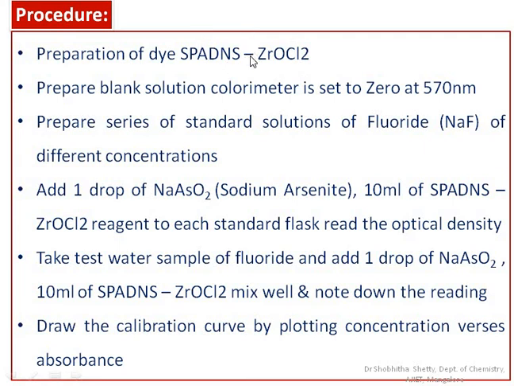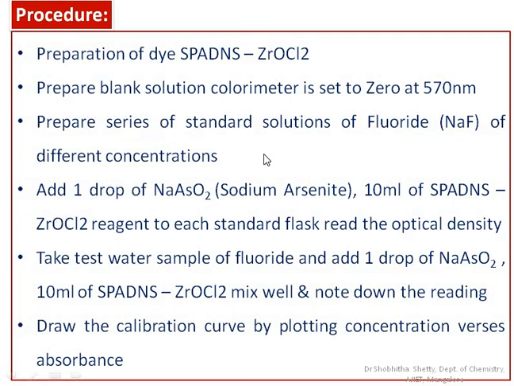Now we also need to prepare a series of standard solutions of different concentrations of sodium fluoride, using a standard flask, and we need to add 1 drop of sodium arsenite and 10 ml of the dye reagent, that is SPANS zirconyl acid reagent, to each of the standard solutions.